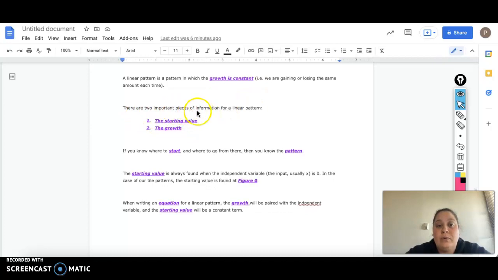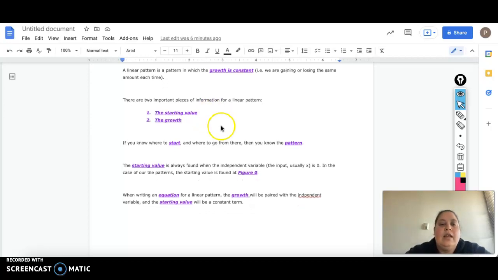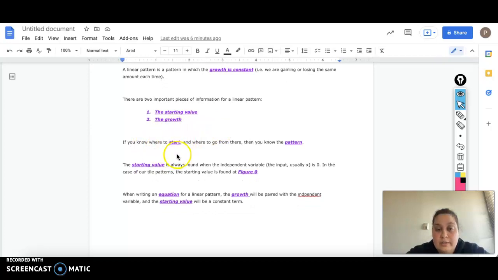There are 2 important pieces of information, which we kind of already talked about a lot. You need the starting value and the growth. Those are the 2 most important pieces of information that you have to have in order to write an equation, in order to figure out the next tile, in order to write a table. If you know where to start, aka your figure 0, then we can go from there.